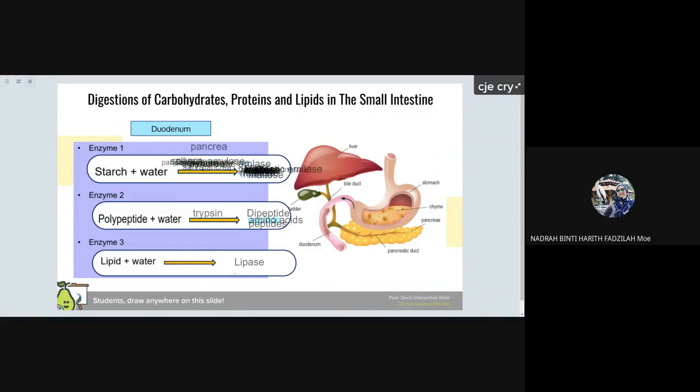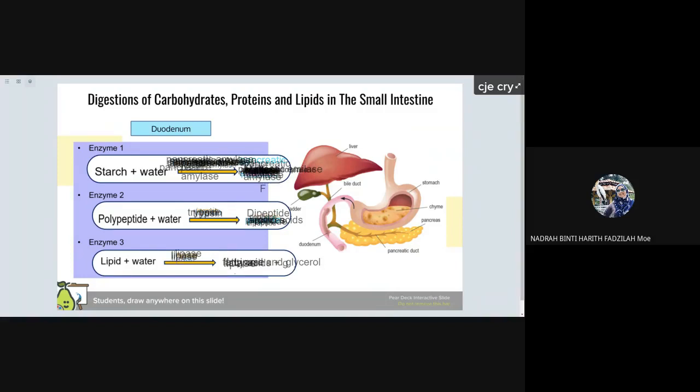Kenapa kita tak tulis salivary amylase? Kan kita discuss tadi masa dalam perut, hydrochloric acid stops the reaction of salivary amylase. So by the time it arrives at the duodenum, there is no more reaction by salivary amylase, but the reaction by pancreatic amylase.